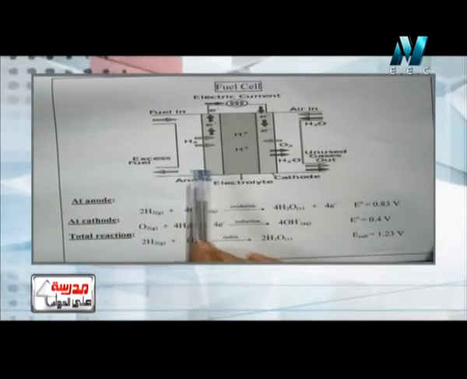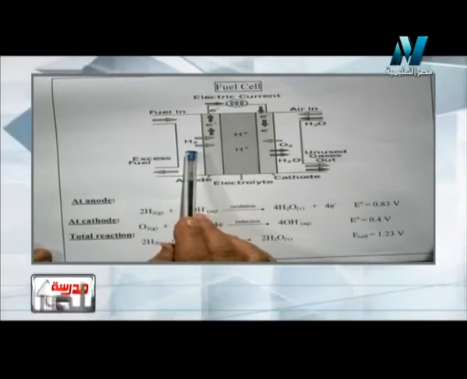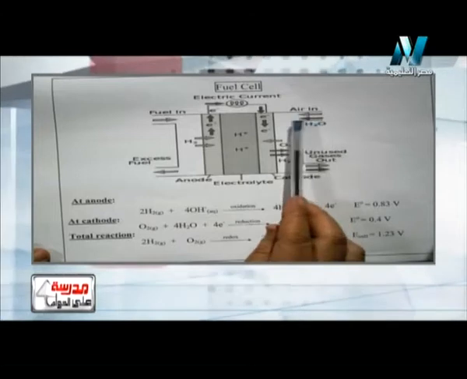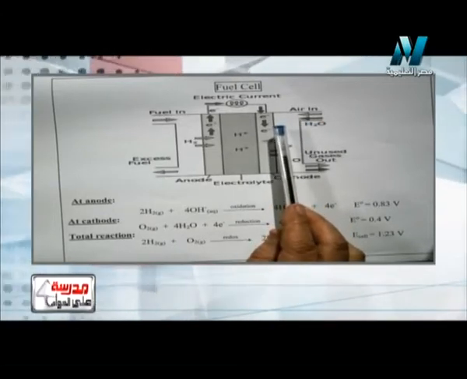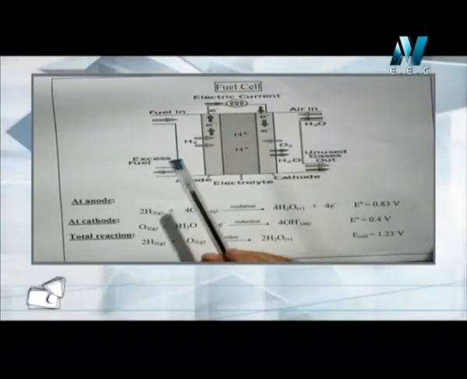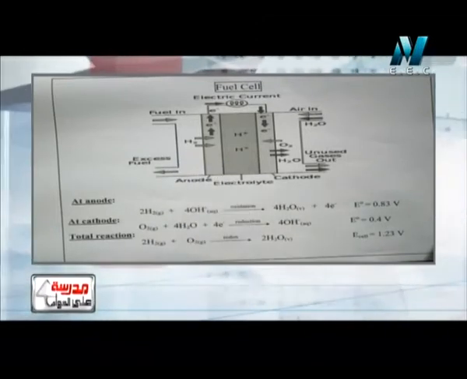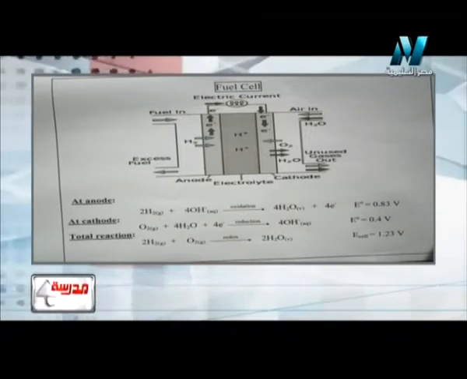In the first tube we put the hydrogen gas, and in the second, oxygen gas, and water, because water undergoes hydrolysis to give hydrogen and oxygen. So we add hydrogen continuously, by a hydrogen cylinder, to let this cell work continuously. It doesn't stop and need recharging.